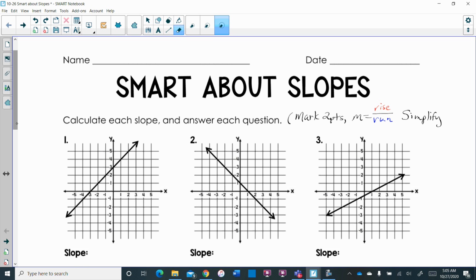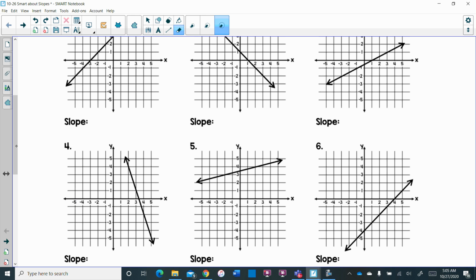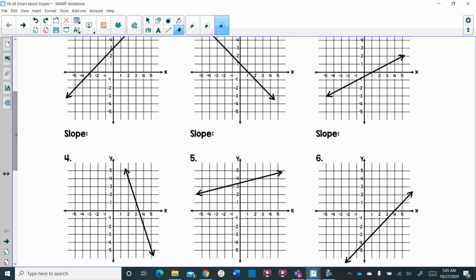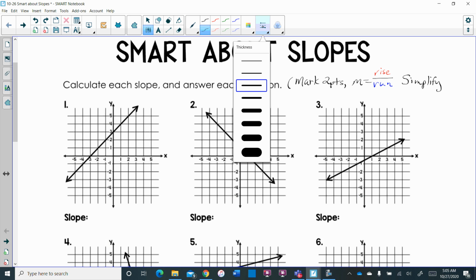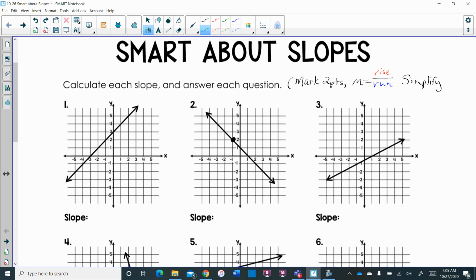So when I check this, I'm checking that I will see 2 points marked on your graph, and I know they can vary, but we need to see exact points here. We can have a point there, we can have a point there.